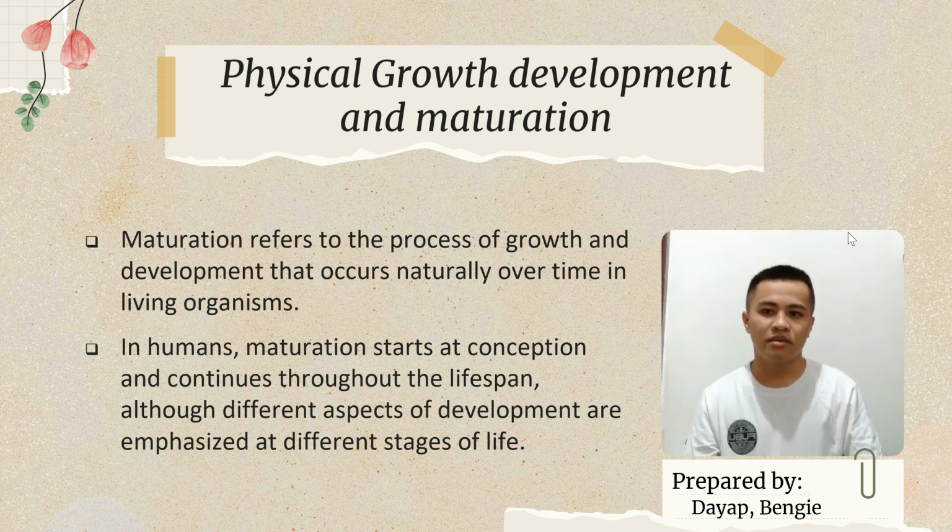In humans, maturation starts at conception and continues throughout the lifespan, although different aspects of development are emphasized at different stages of life. For example, during infancy and childhood, physical maturation and development of basic motor skills are primary, while in adolescence and young adulthood, cognitive and social maturation become more important.